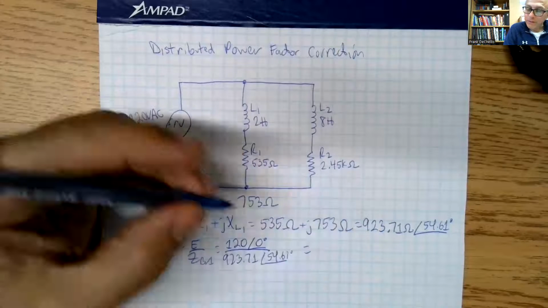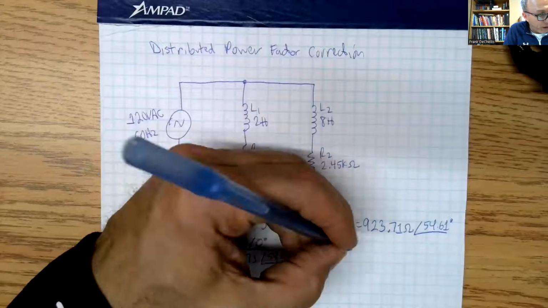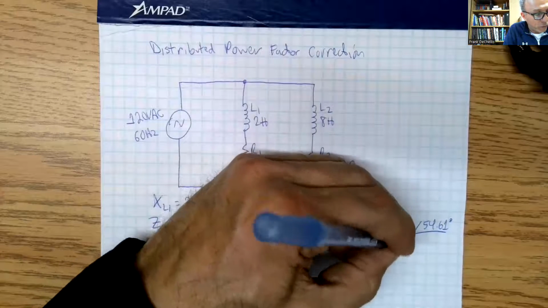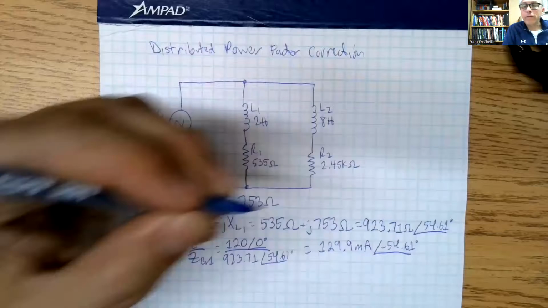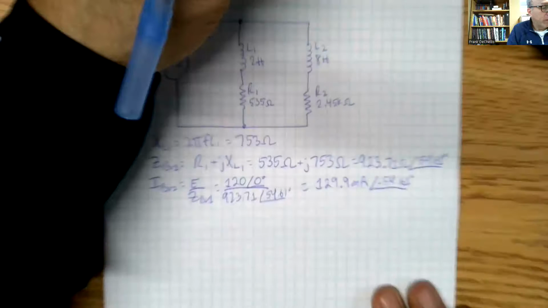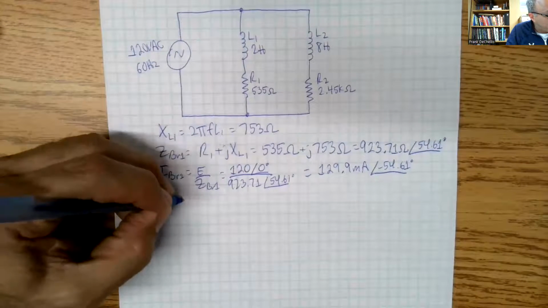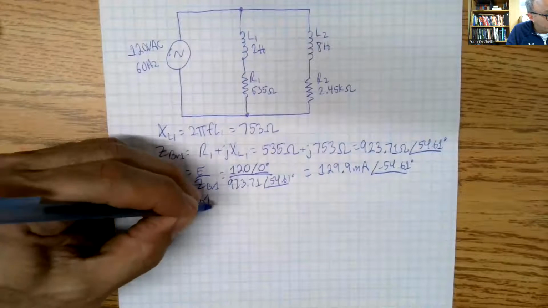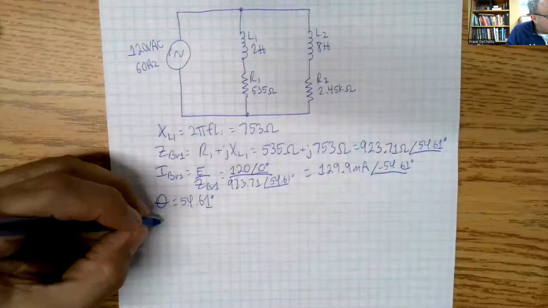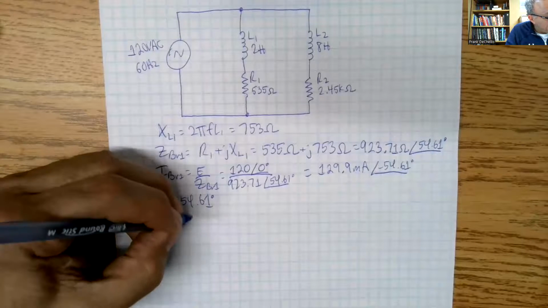And that gives us 129.9 milliamps at an angle of negative 54.61 degrees. Now, if we keep working, we could say that theta is equal to 54.61 degrees.